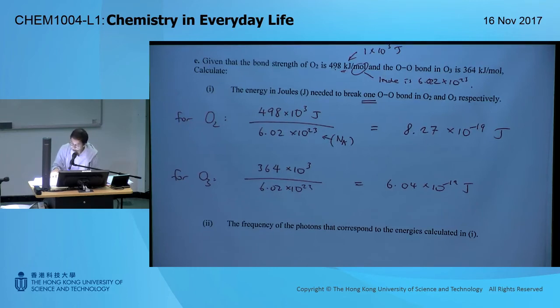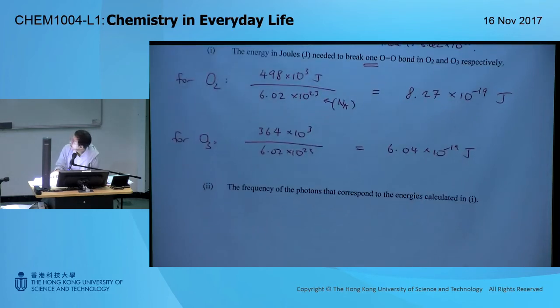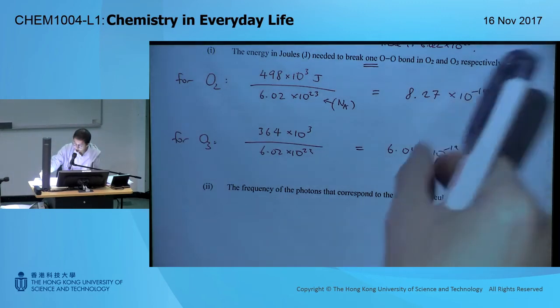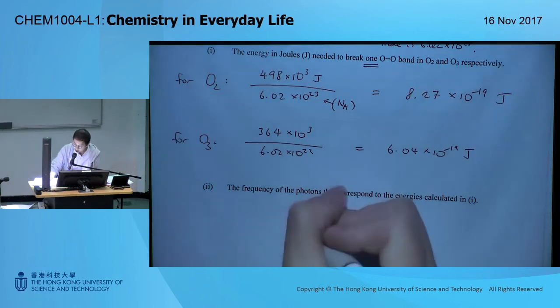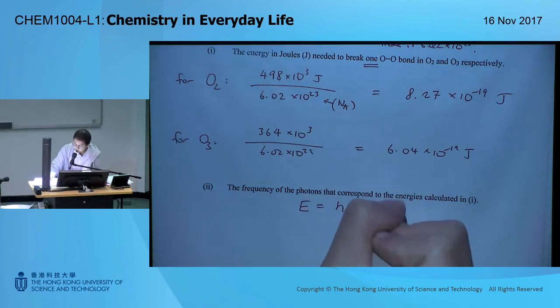Okay, so the frequency of the photons can be calculated from this, because to break one single bond, it will absorb 1 photon. So we can work out the frequency of the photon if we correlate this to the energy of the photon. We have the equation E equals h nu. Remember this equation.